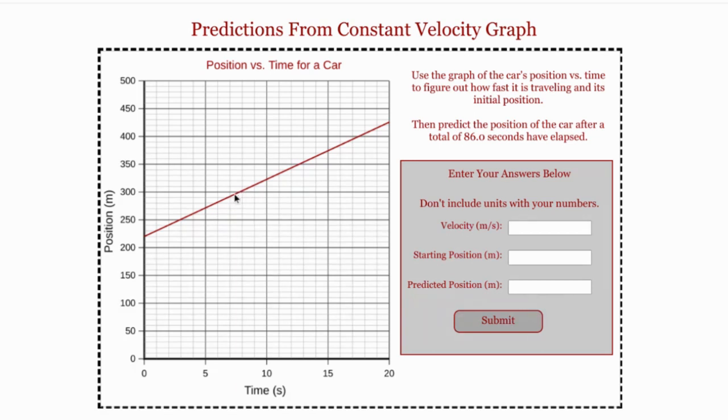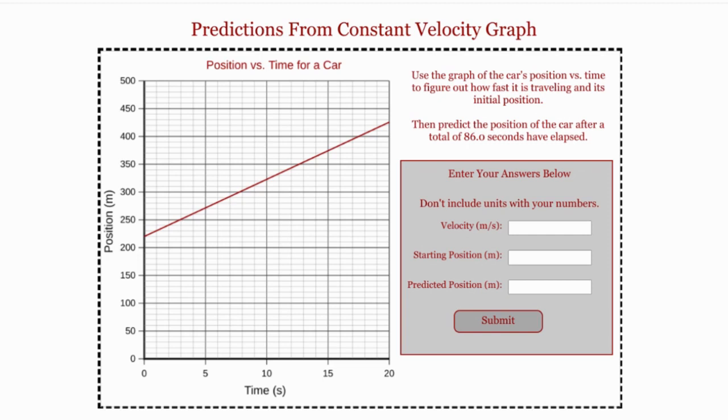And then as I follow this up, it looks like maybe at 7 seconds, it's pretty close to 290. This program's kind of sensitive. It's a little bit above 290, maybe. This point's a little better. Actually, right there might be a good one. So at 3 seconds, it's at 250.